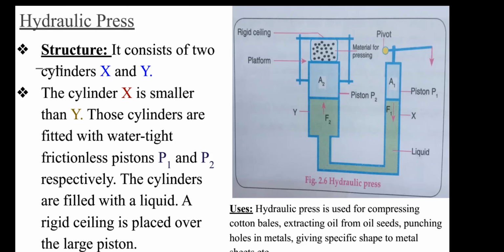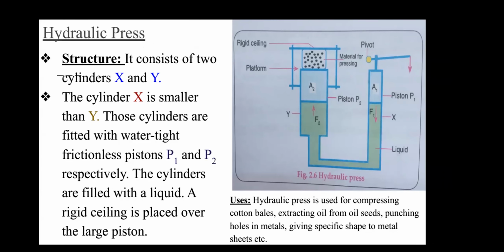The load, or the objects or substances which have to be pressed, compressed or changed, are placed on the side of the big cylinder, and there is a rigid ceiling which helps to press the substance in between the piston and the ceiling. This is about the structure of the hydraulic press.